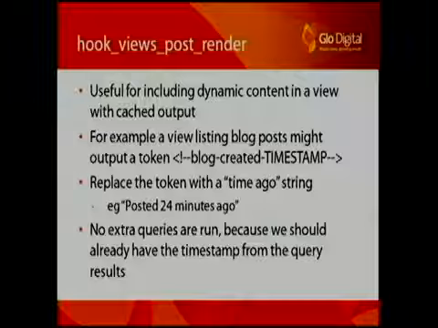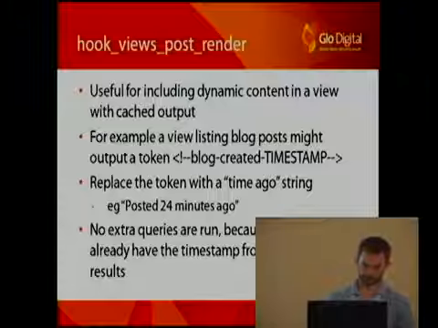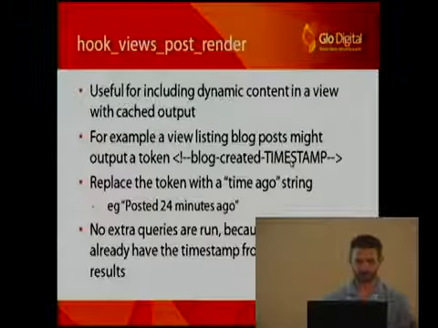But include the timestamp in that, and then you can use a PHP string replace or regular expression or whatever to just replace that one little bit, and then you don't have to repeat all the SQL queries that Views is going to do to repeatedly show the same thing.